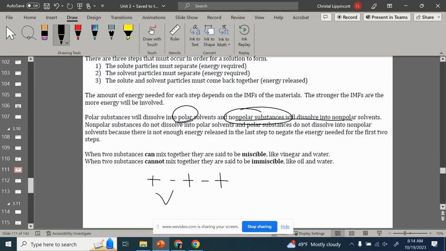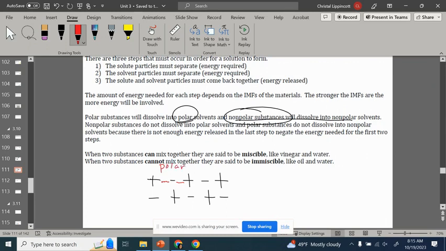When you're working with polar and polar, though, the attraction of the particles between here, so the attraction between the intermolecular forces between here and here, okay, so this is one of your polar substances here.